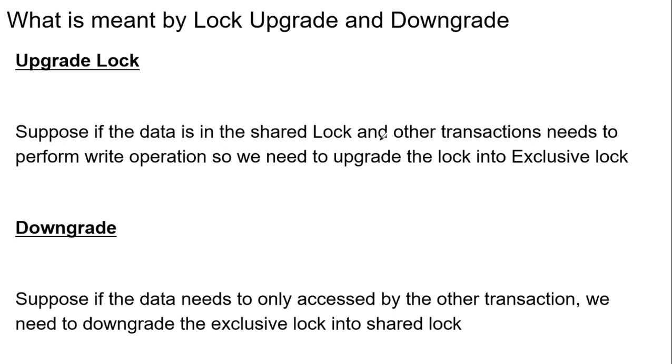Converting from a shared lock to an exclusive lock, from S of the data to X of the data, we call an upgrade lock. Downgrade is just the opposite. Suppose my data is under an exclusive lock and another transaction only needs to access the data; we switch it back, converting from an exclusive lock to a shared lock, which we call a downgrade lock.